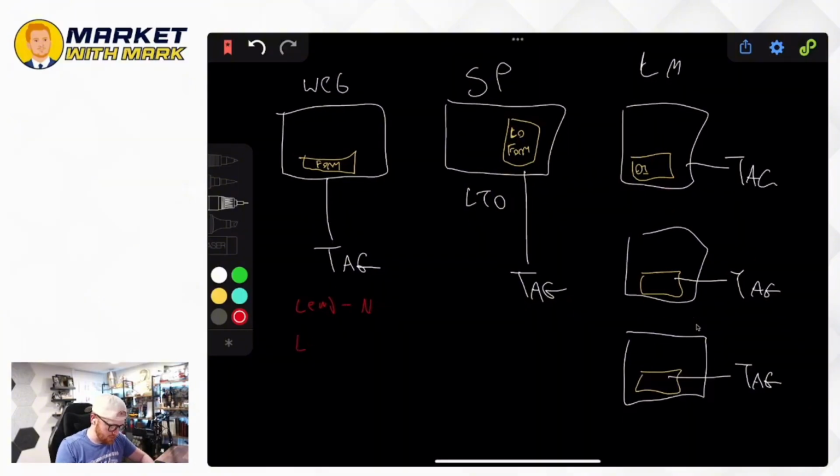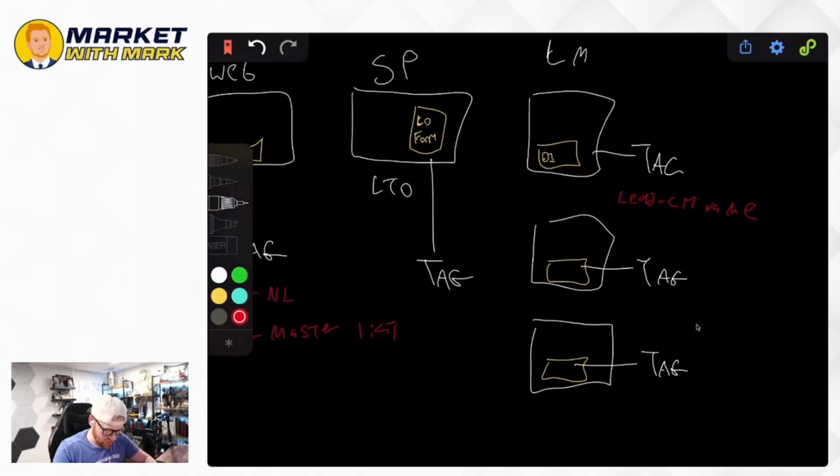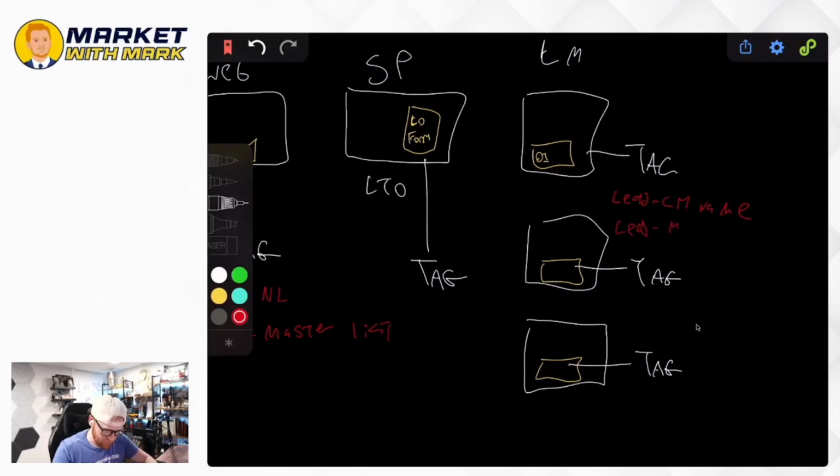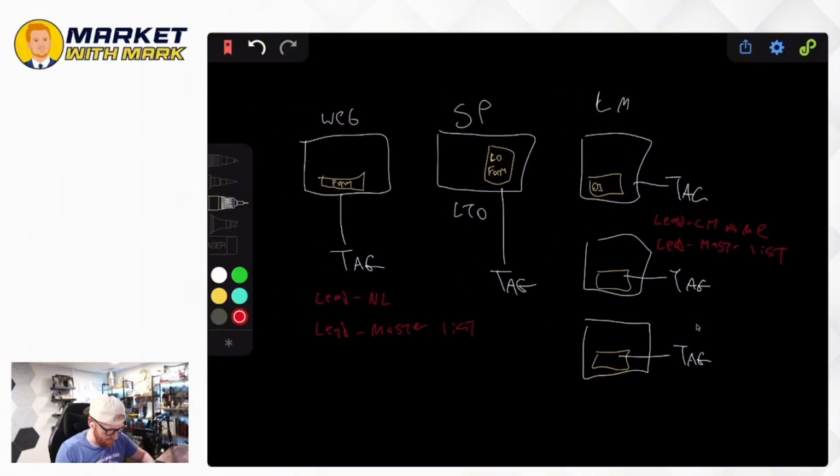And then I'll also tag them with lead dash master list. Right? So point being, somebody who opts into lead magnet number 1 would get a tag lead, and then you do the lead magnet name. And then they'll also get the lead dash master list.